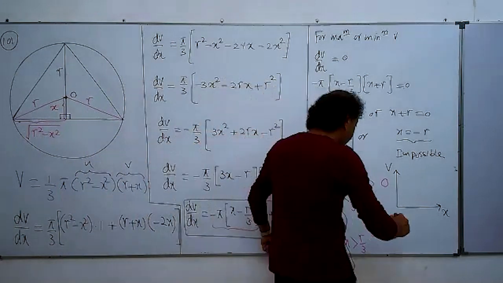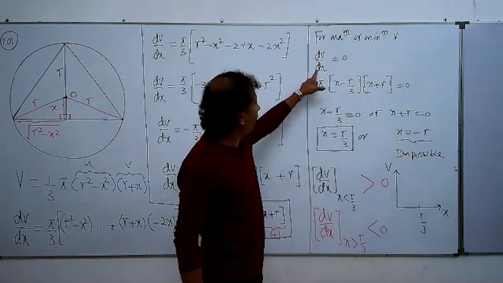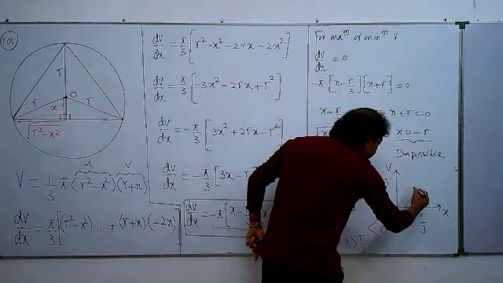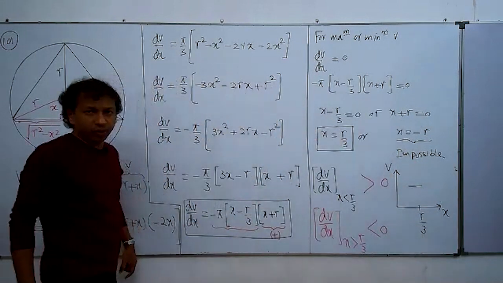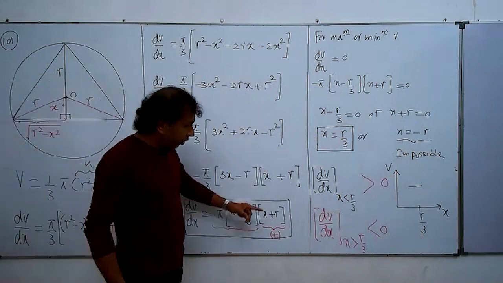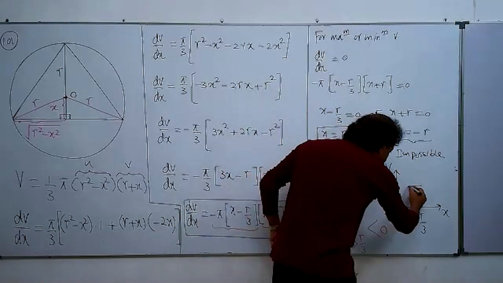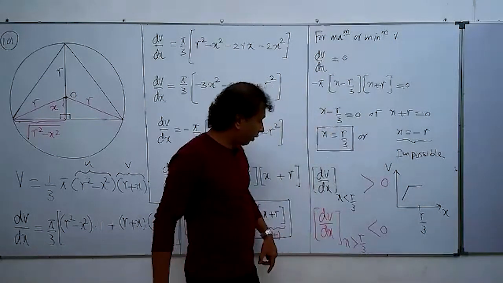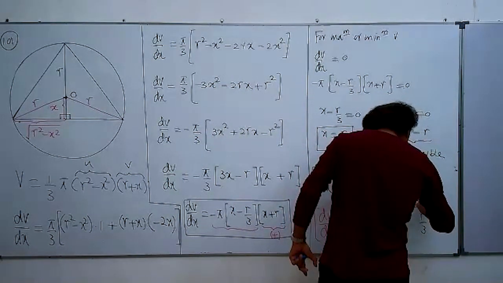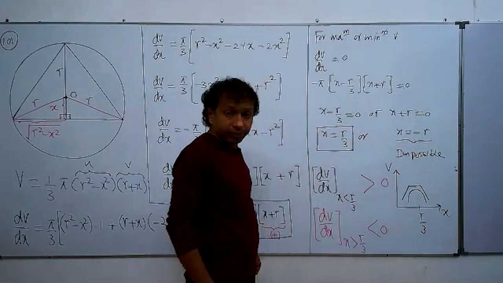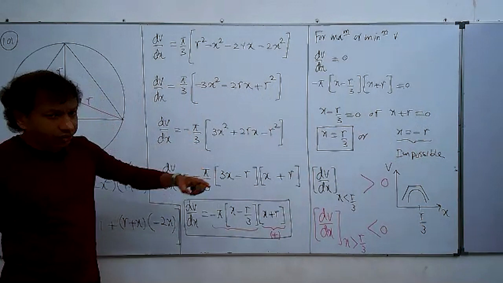Then we notice that at x equals r by 3, dV by dx is 0. dV by dx being 0 means the gradient is 0, so the tangent line is parallel to the x-axis. Before r by 3, look at this, dV by dx is positive, that means this way. After r by 3, dV by dx is negative, then this way we get something. Therefore, obviously, you can see at x equals r by 3, the volume V is maximum.